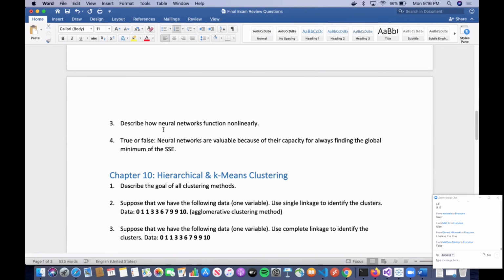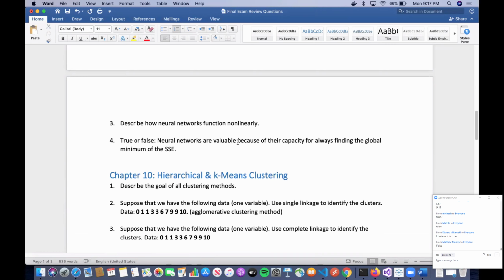So describe how neural networks function non-linearly. Again, you can get that directly from the slide. It's a combination function, right? We have a combination function that computes a scalar value from a linear combination of node inputs and connection weights. And this scalar value is an input to the activation function.